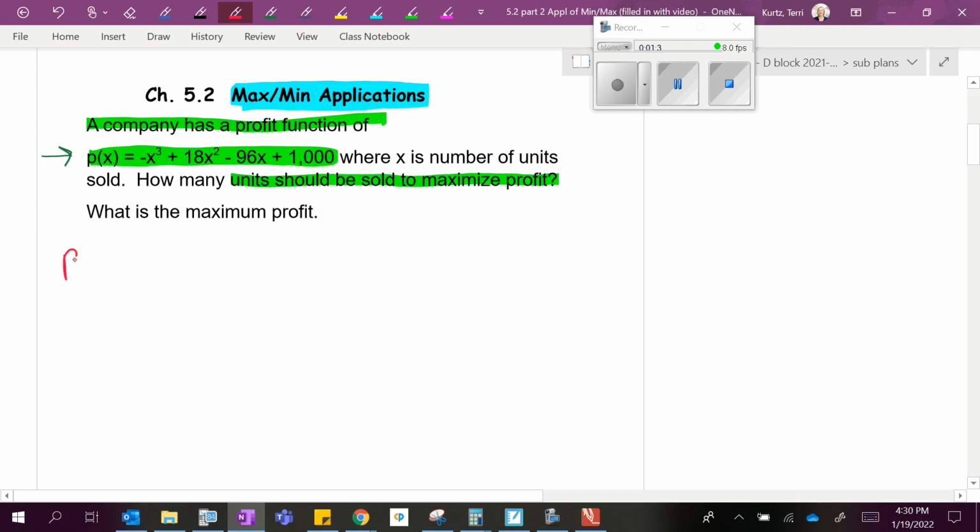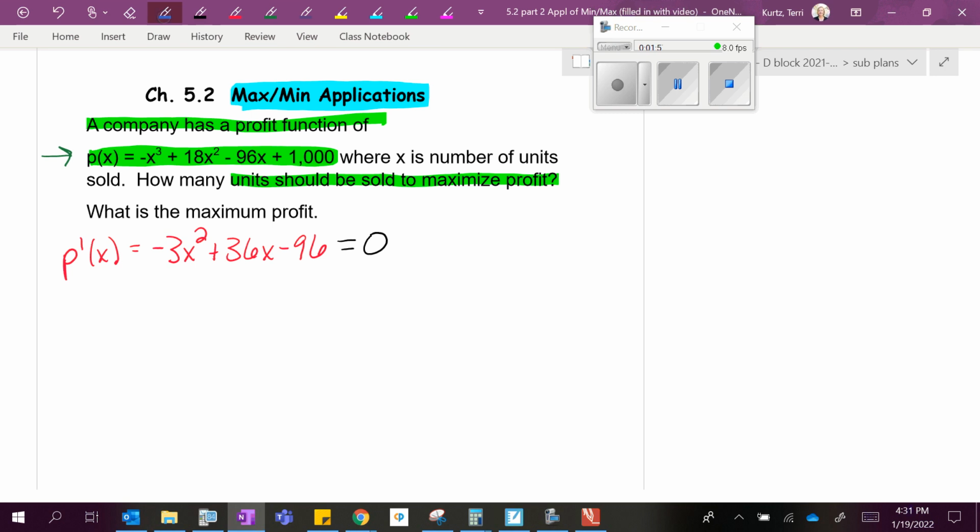So first, let's take the derivative of our profit function, and we get negative 3x squared plus 36x minus 96. We take the derivative, we set it equal to 0. Again, we're trying to find increasing and decreasing intervals so we can find maxes and mins.